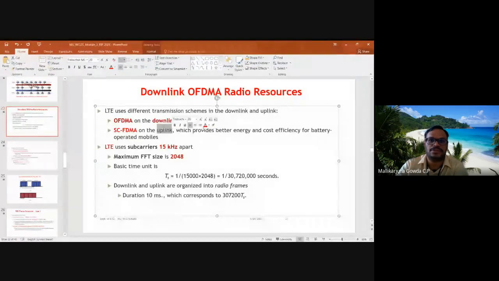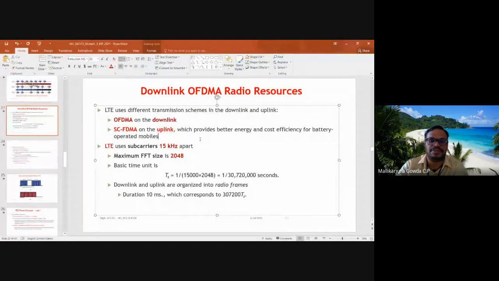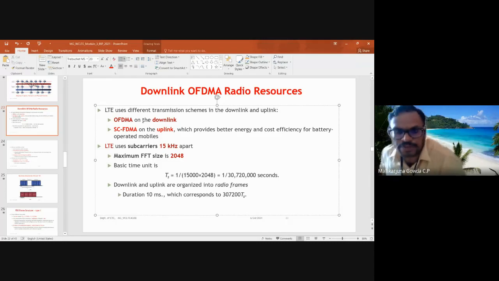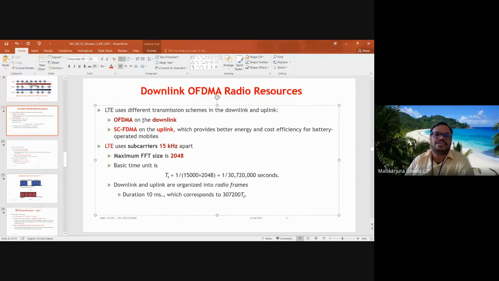And also, I have discussed why SCFDMA is preferred for uplink and OFDMA is preferred for downlink, right? As I said, OFDMA has a high peak to average power ratio. With high PAPR, what happens? It demands a high cost power amplifier, so the cost of the handset will go high, and it even consumes more power.